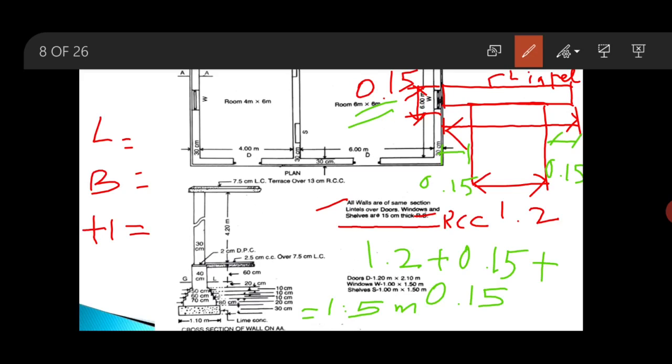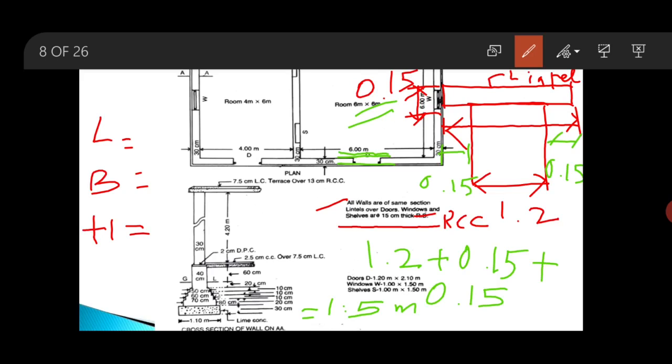Then breadth of the lintel. So, this lintel is prepared over the door. Okay. So, this lintel will cover the entire width of the brickwork.